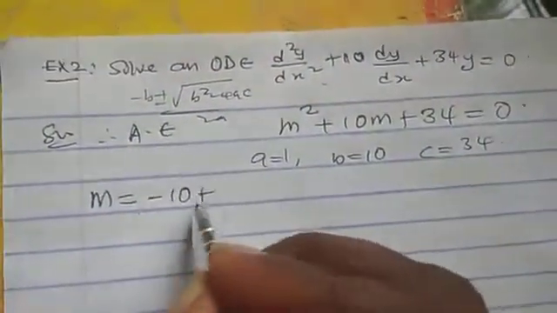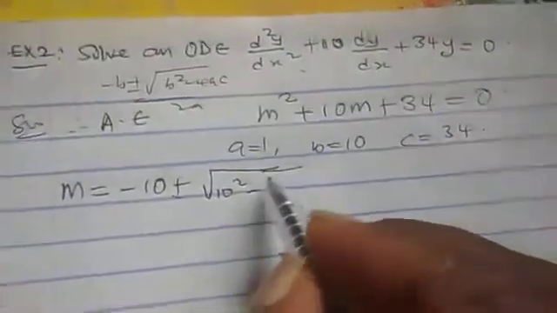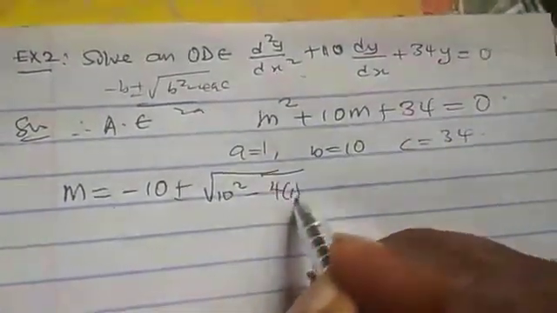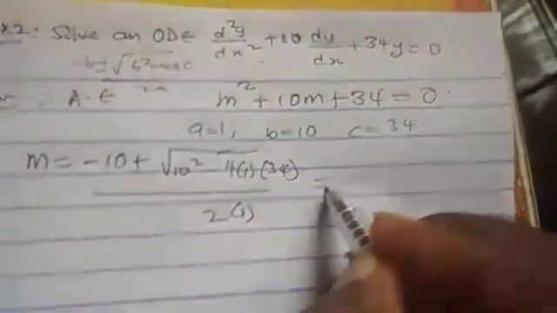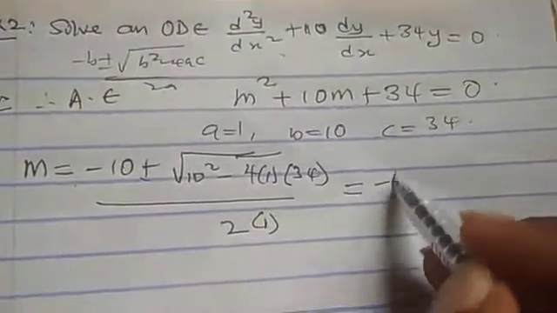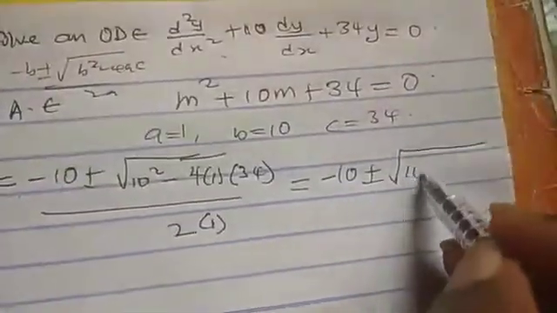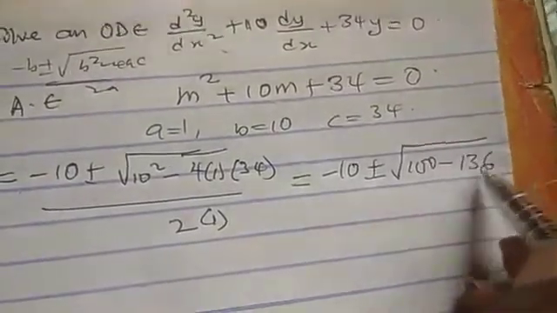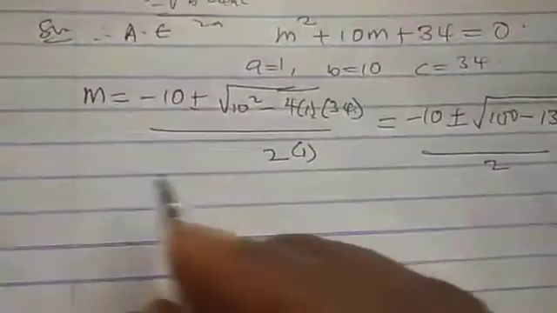This is minus 10 plus or minus root of 10 squared minus 4, our a is 1 and our c is 34, over 2a. When we simplify further, this is 100 minus, this will give me 136, that is 4 times 34, divided by 2.